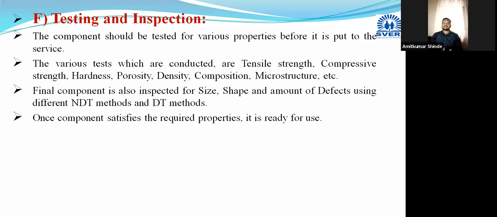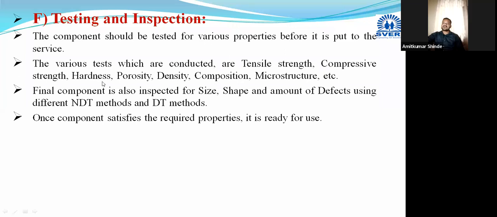That inspection is done using different non-destructive or destructive testing methods, or different measuring techniques. Then various tests are conducted on the final product, like tensile strength, compressive strength, hardness testing, porosity testing, density, composition, and microstructure.